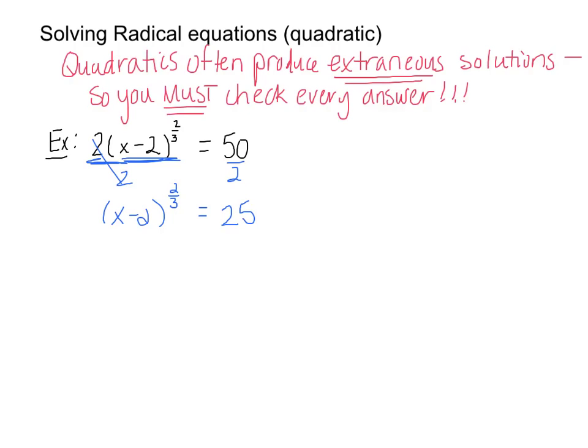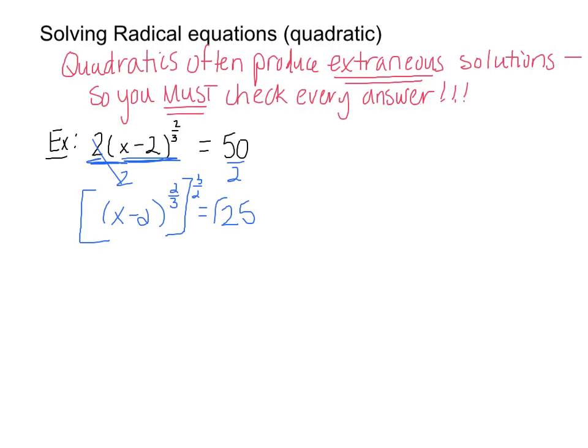Then we have x minus 2 to the 2/3 power equals 50 divided by 2, which is 25. One thing we could do is convert this to a radical, but I want you to notice that when you have something raised to a power of 2/3, in order to get rid of that power you raise it to the inverse power. If you have 2/3, the reciprocal is 3/2.